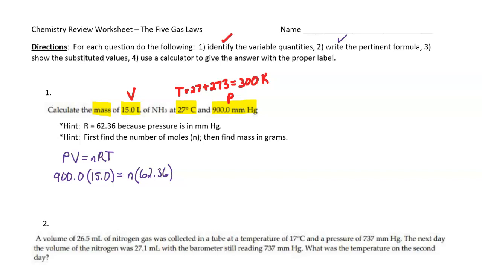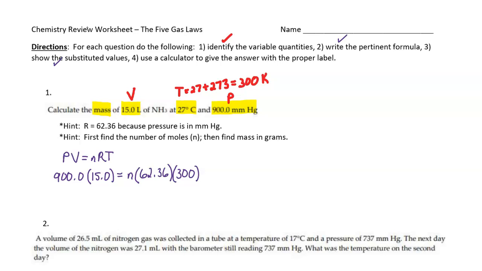Other times it's 0.0821. In this problem, it's 62.36 because the pressure was in millimeters of mercury. It wasn't in atmospheres or kilopascals. In place of T, let's put in our temperature, 300. That's step 3, showing the substituted values.